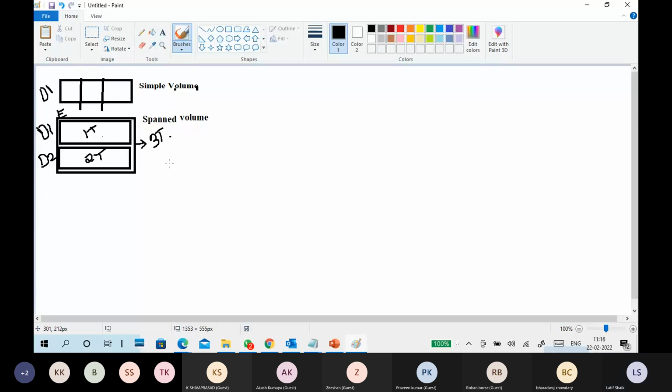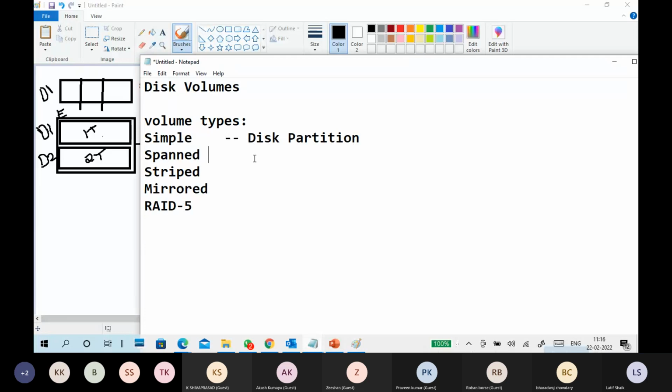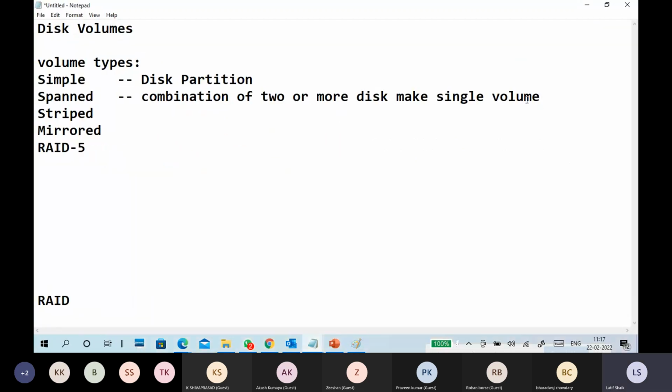So this is the combination: two or more disks make a single volume. It is called a spanned volume.